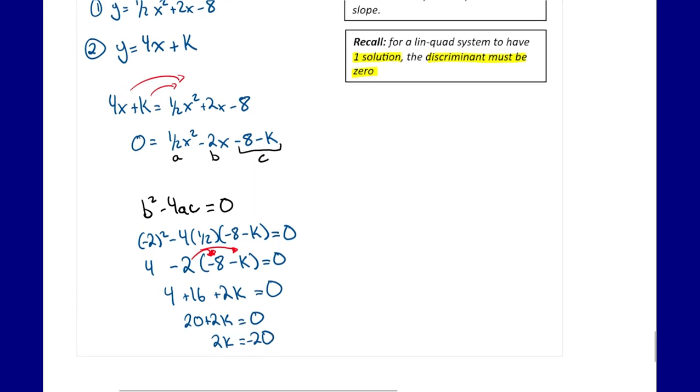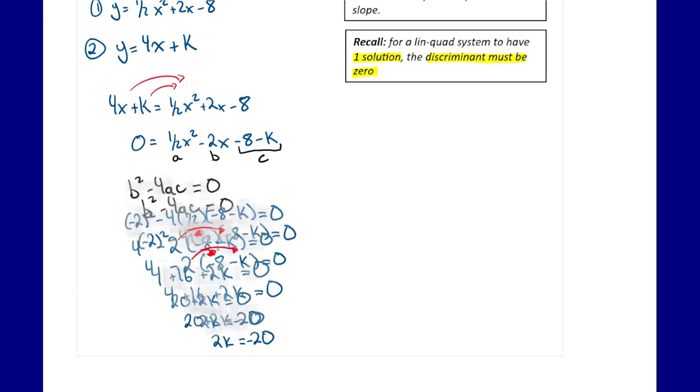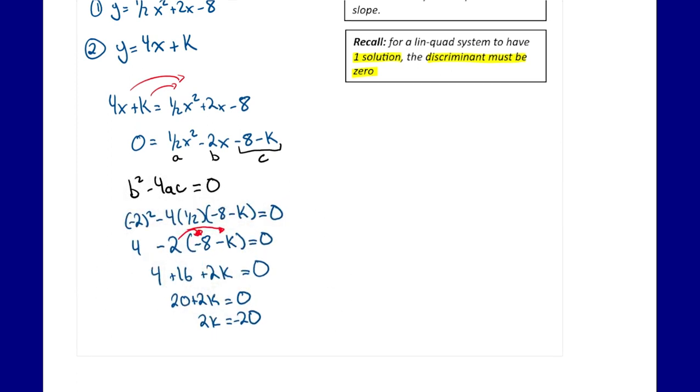Move the 20 over, I have 2k equals negative 20. And now I'm going to solve for k. Divide both sides by 2, and I get k is equal to negative 10. So now I know my y-intercept.